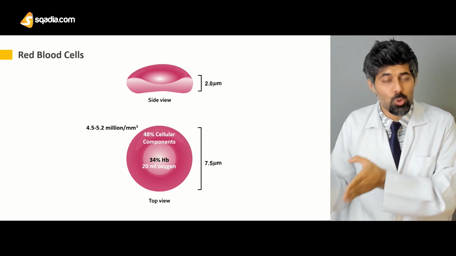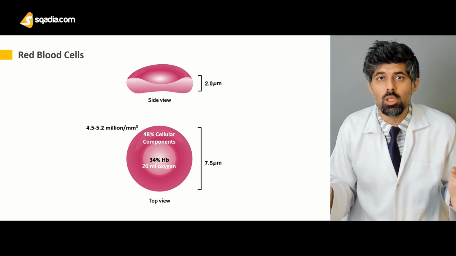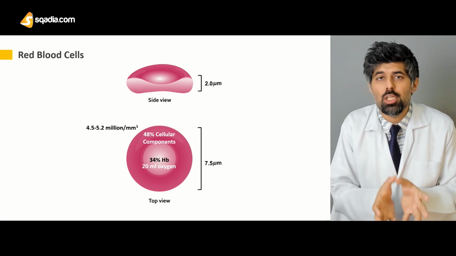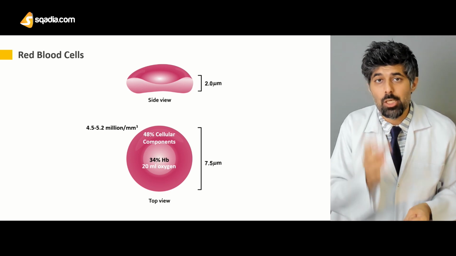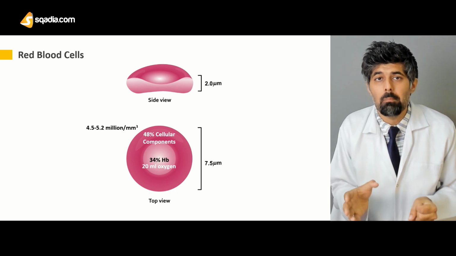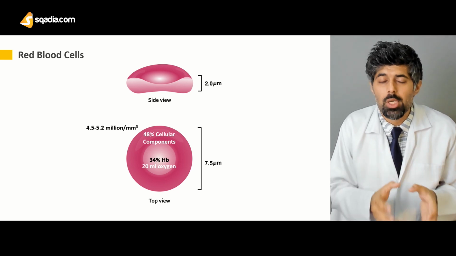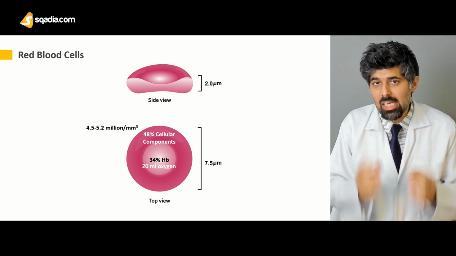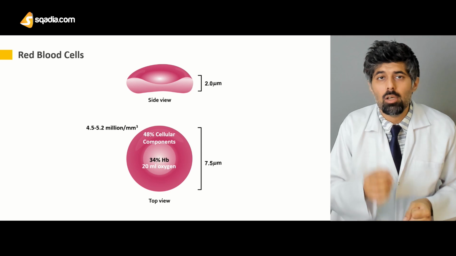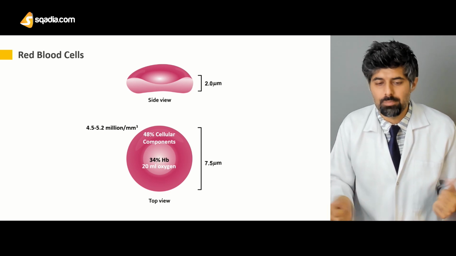In proportion to 100 ml of blood, this is a huge amount. So you can easily appreciate that the oxygen carrying capacity of RBCs is huge. 100 ml carries 20, so that reduces the number to about 20%. So 20% of blood at any given moment is carrying oxygen from the lungs to the peripheral tissues.